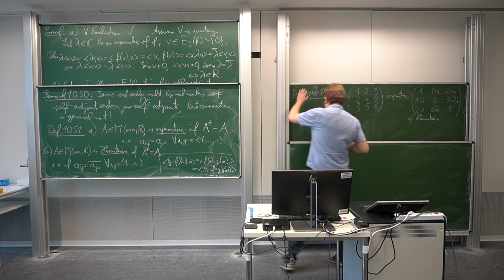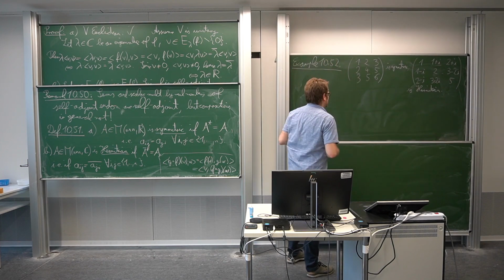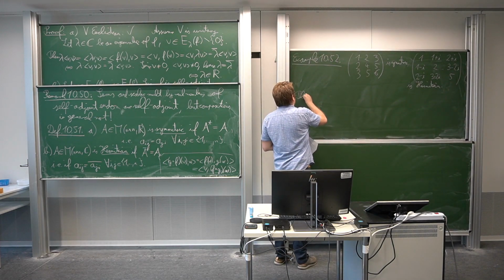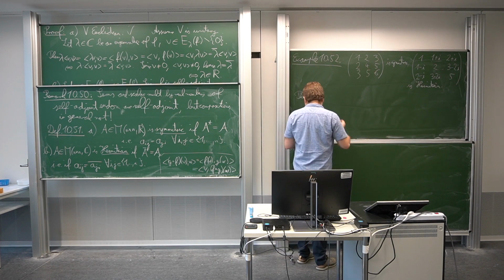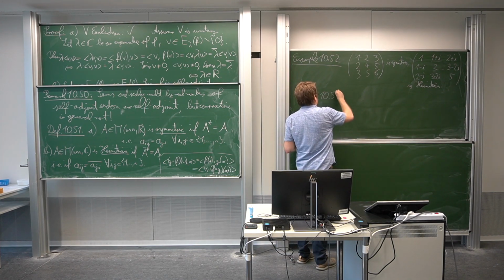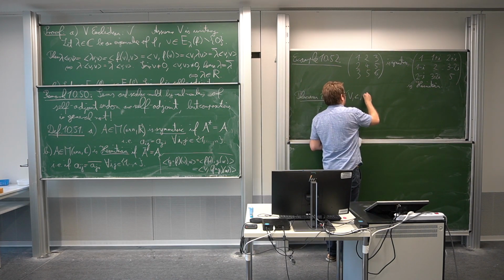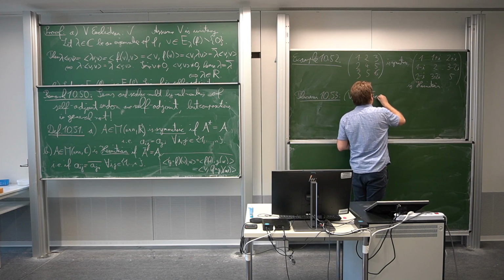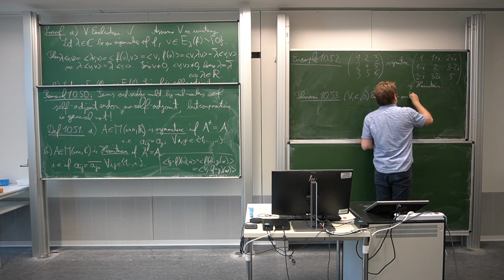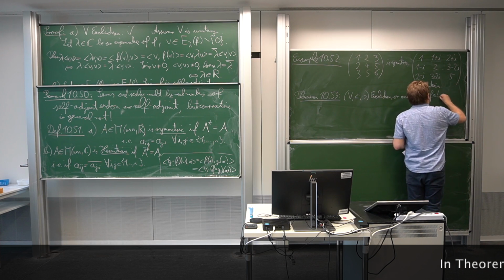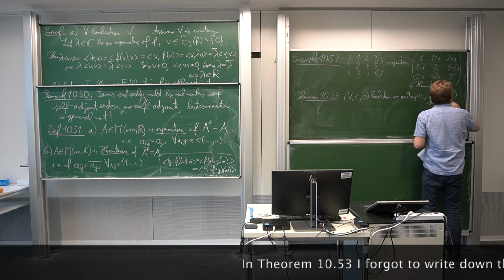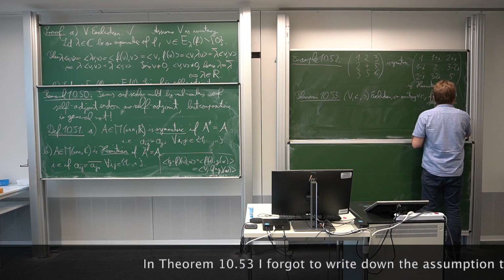Okay, very basic example. Now, the connection with the matrix representations is something we will also prove. Theorem 1053. Let V with an inner product be a Euclidean or unitary vector space, and assume we have an endomorphism f.